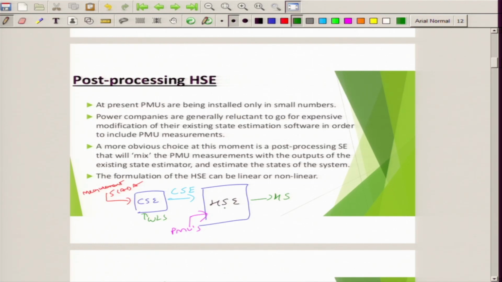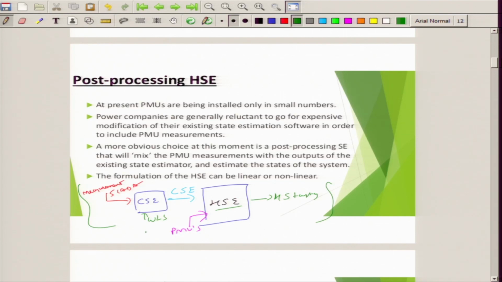This is a hybrid state estimator, and you will get the estimation of the states of the system, which we can name as hybrid states estimated using the hybrid state estimator. So this is how it works.